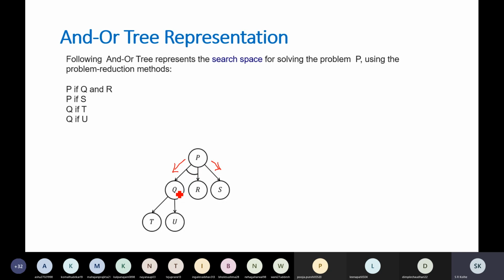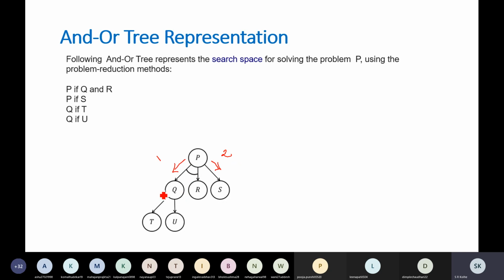One is through Q and R and another one is through S. So from P there are two paths: one from P to Q and R, another from P to S. So to solve this P, there are two different ways. This is first and this is second.